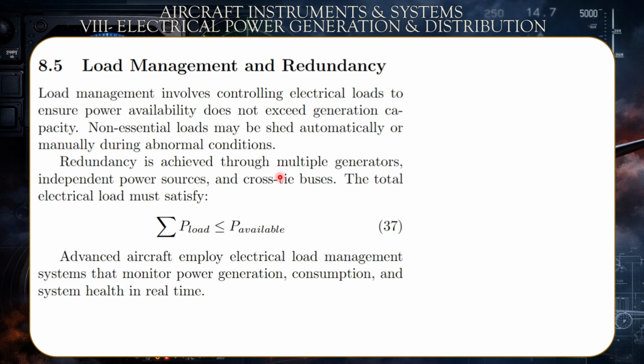Redundancy is achieved through multiple generators, independent power sources, and cross-tie buses. The total electrical load must satisfy the condition that the sum of the power of all the loads should be less than or equal to the power available.